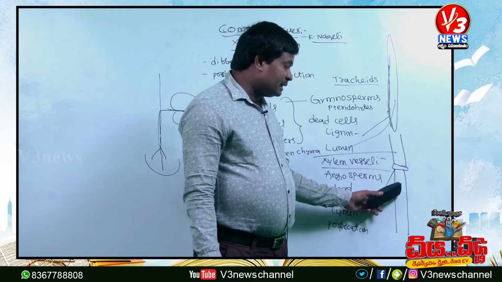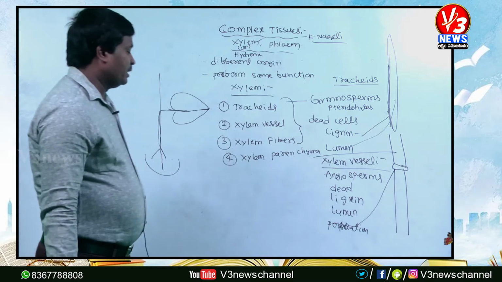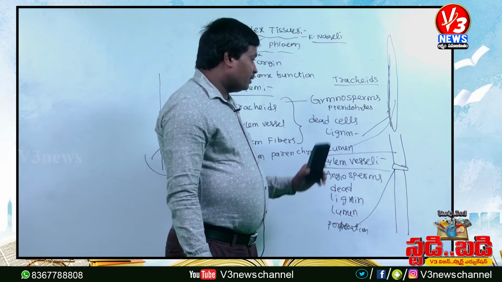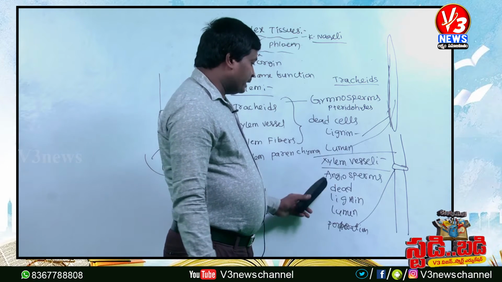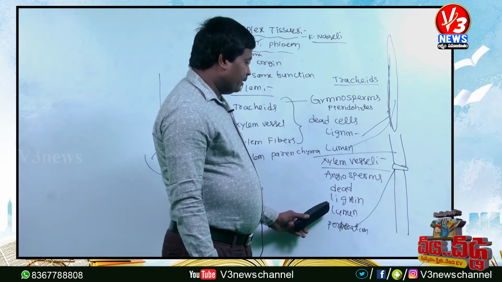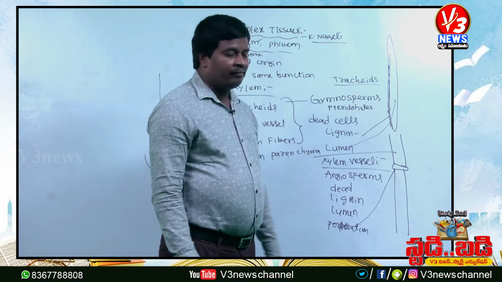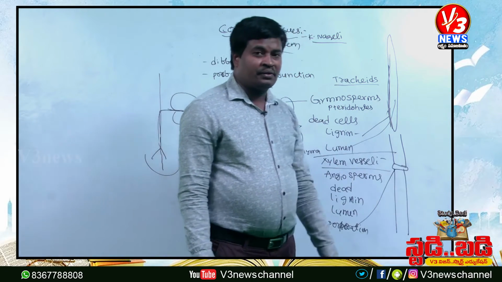Two xylem vessels interconnected to each other is called a perforation. Xylem vessel is a kind of xylem cell. It is present in angiosperms, a dead cell, with lignin, and empty space is called a lumen. Two xylem vessels are connected by perforations, and the vessel is a tube-like structure.